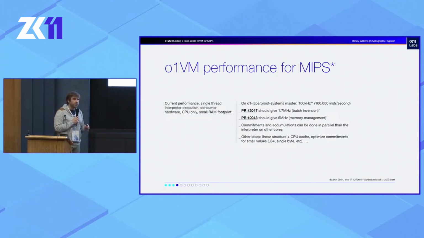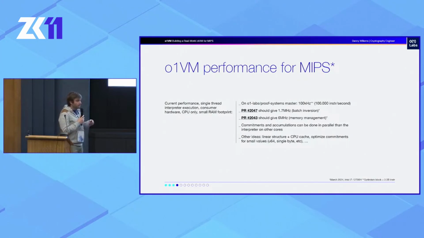It means 100,000 instructions per second. And there are some open PRs that we've got to polish before merging. It was more a proof of concept. We realized that we were always inverting at each step a field element, which is useless. We can do it at the end. And so by doing that, we can get 1.7 megahertz by doing a batch inversion.